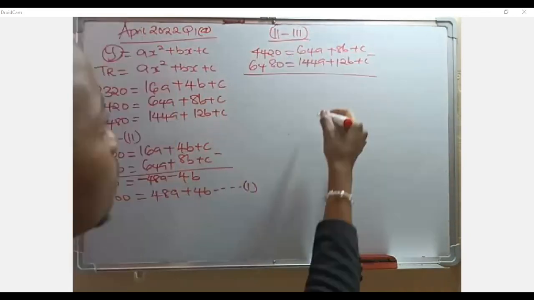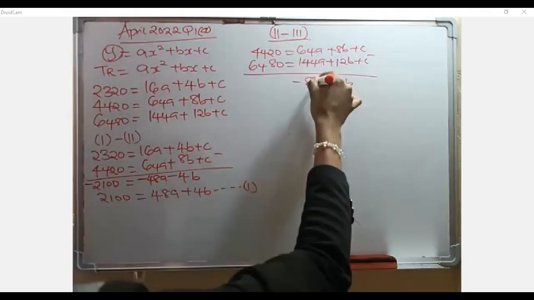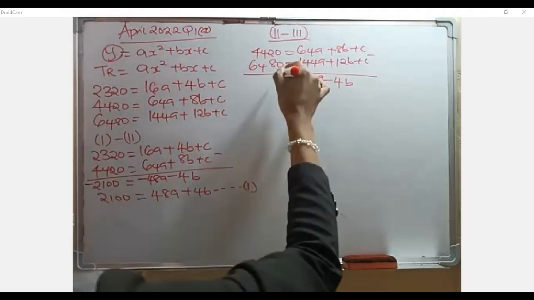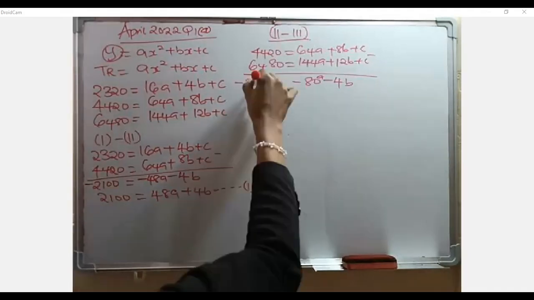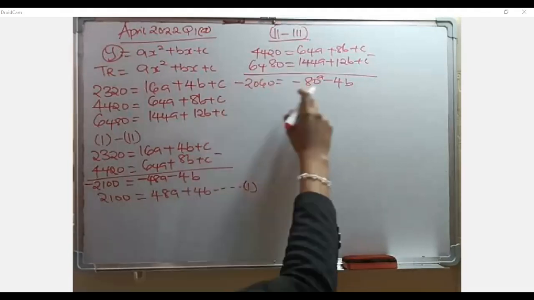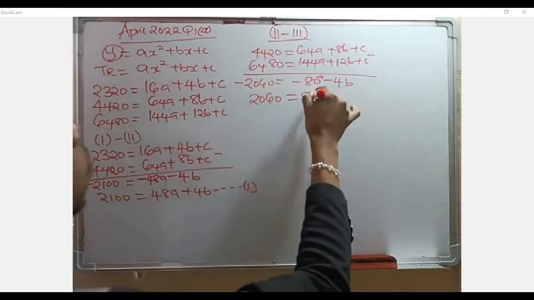This is negative 4b; 64 minus 144 is negative 80a, which equals 4420 minus 6480, which is negative 2060. Again negative is dominating, so you can say 2060 equals 80a plus 4b.